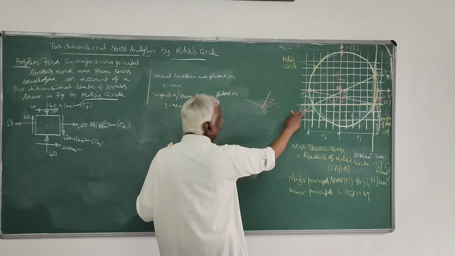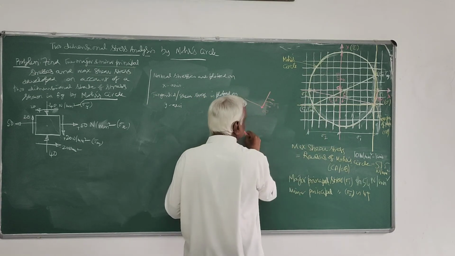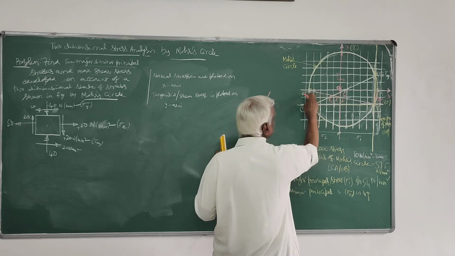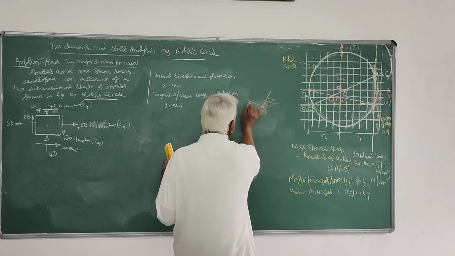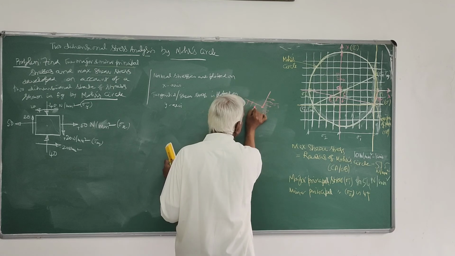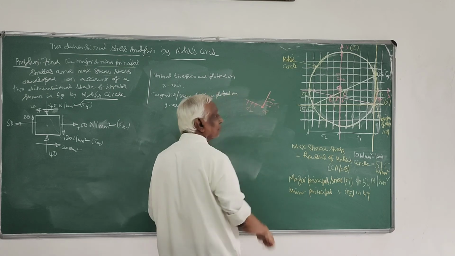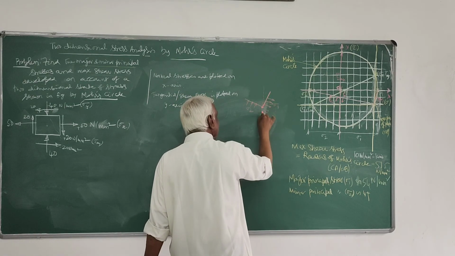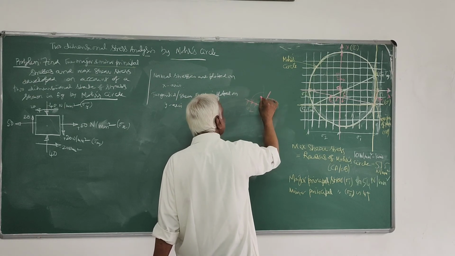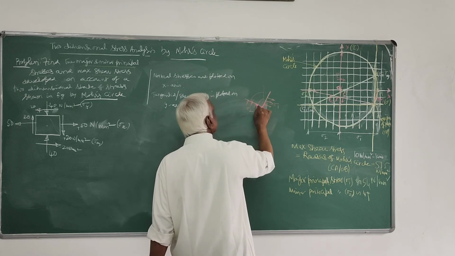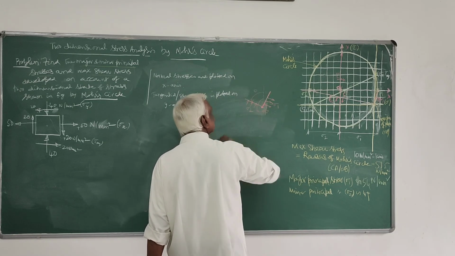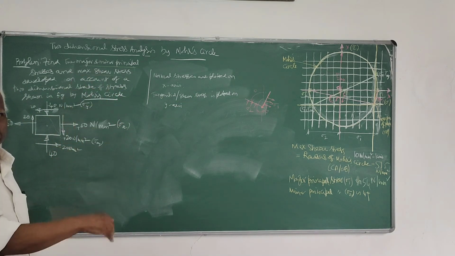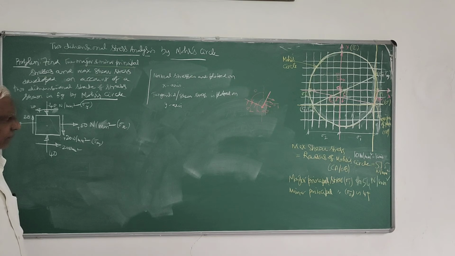Of course this is negative, so I have to show the arrow like this, because this sigma is negative. And the inclination of this with the vertical, I have to measure in counterclockwise direction, that theta. So that is the major principal plane and minor principal plane.